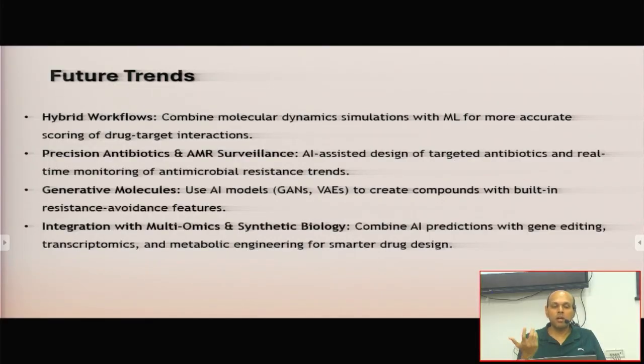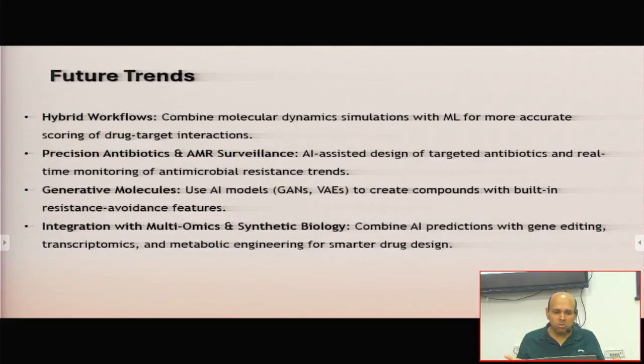Another time, one of my other students has made a prediction of the foodborne illnesses of Campylobacter, how much it is going to increase by 2050, and what is the economic burden on the economy as a result of that. So that is predictive modeling. That is another branch.